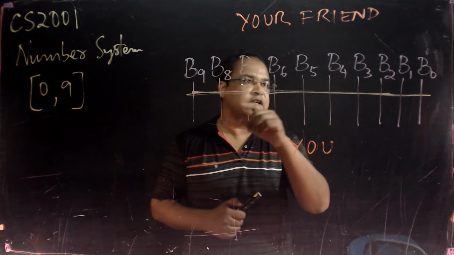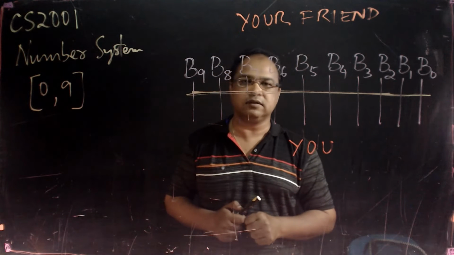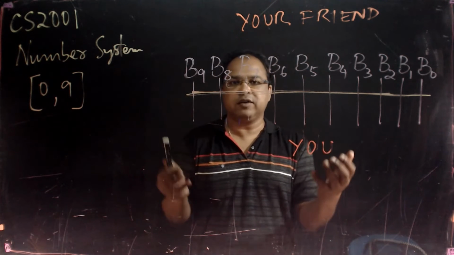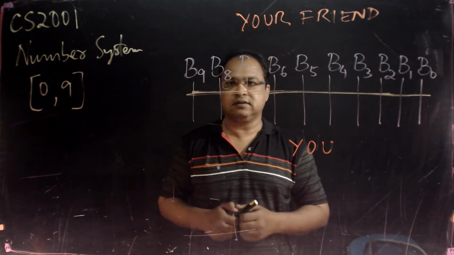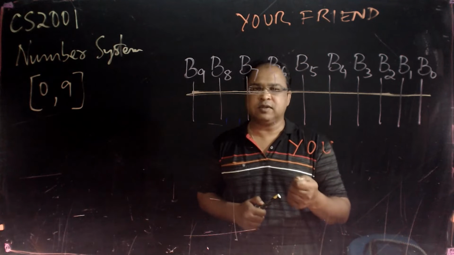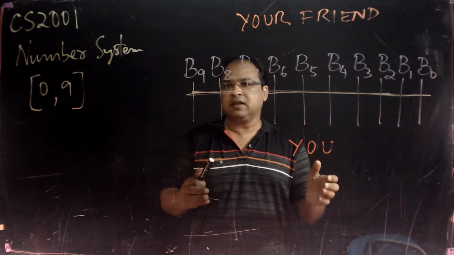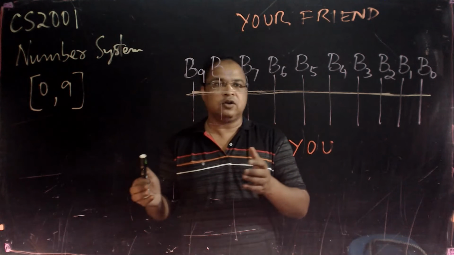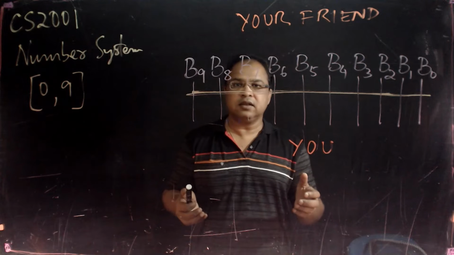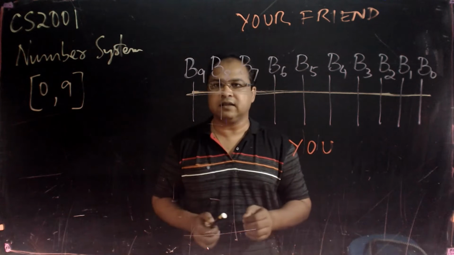So at any instant of time, any one of these 10 bulbs will be glowing. So the number of different possibilities that you can communicate to your friend is 10. That is one single digit of a decimal number system. Now, the same thing, if we escalate to 2 digits, the number of possibilities are now 100, 0 to 99.